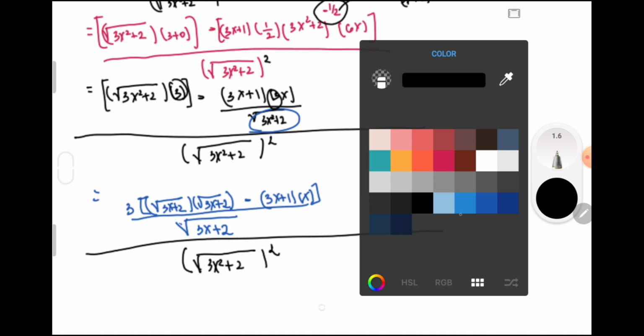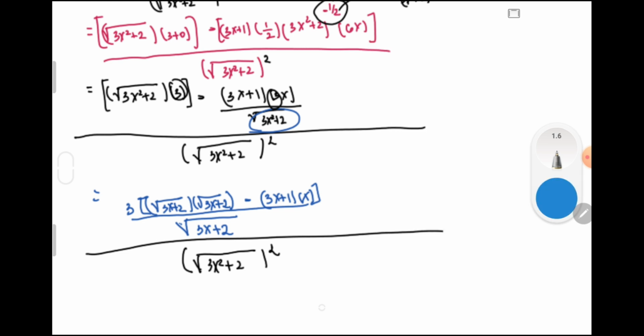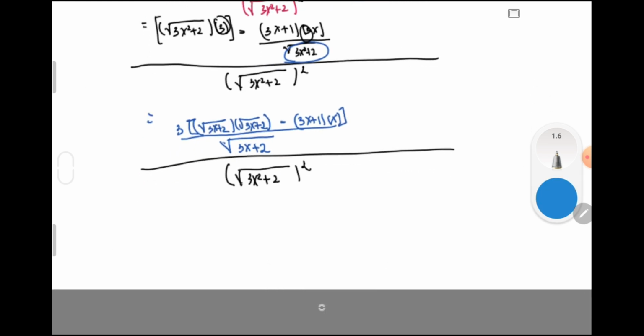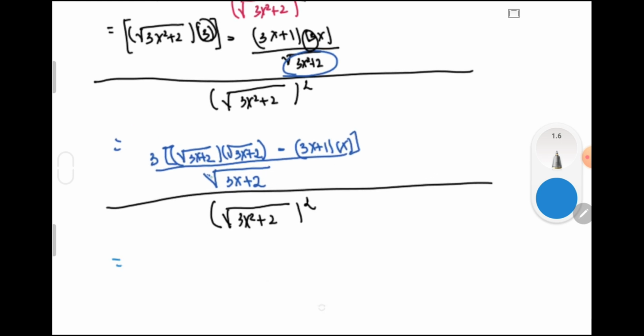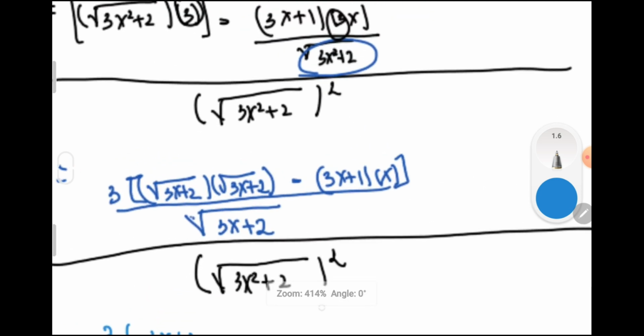Okay? So by further manipulation of this equation, we'll have a value equal to square root of 3x squared plus 2 multiplied by square root of 3x squared plus 2 is 3x squared plus 2. Then 3x squared, I should say. Okay, so 3x squared pala to. 3x squared. Ayan.